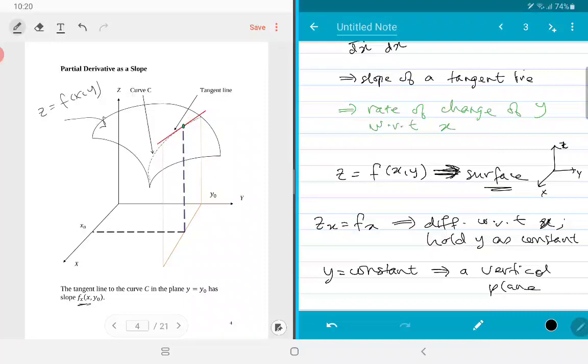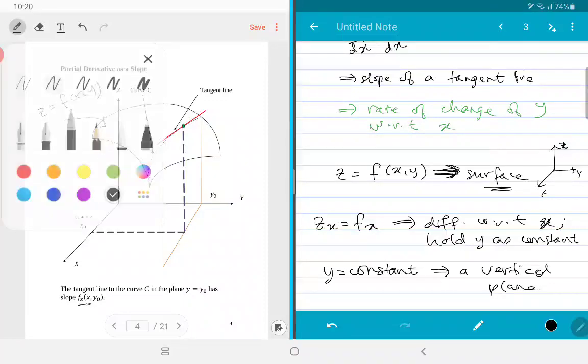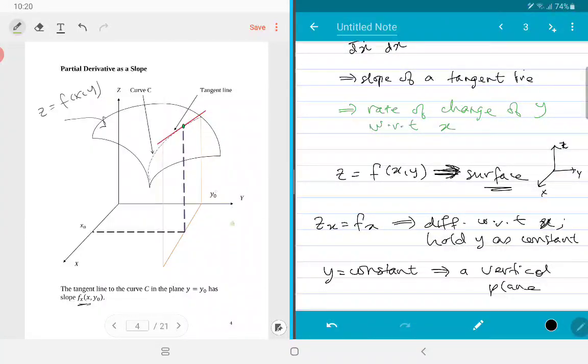Let's say now you have y equals y naught. This is a vertical plane because on this plane all the y coordinates have the same value, y naught, but x and z vary.